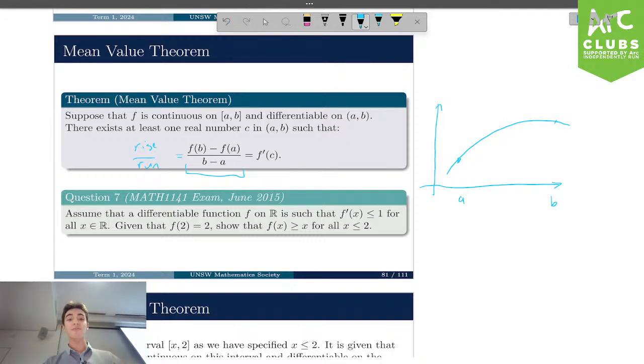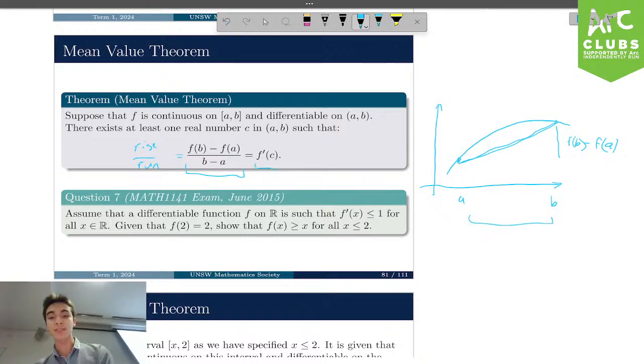That part of the top, f(b) minus f(a), is just how much the function changes over that interval. And that part at the bottom is just the length of the interval from A to B. So that fraction is just telling us the slope of this secant. That's a pretty sloppy straight line, but it's telling us the slope of this straight line.